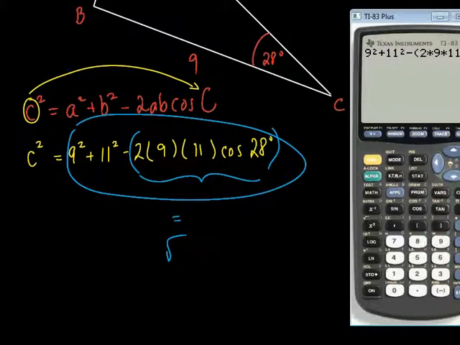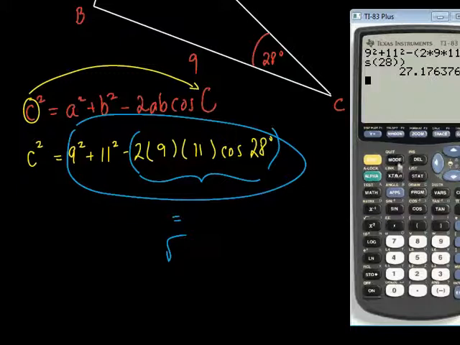Now, on my calculator, I can just hit cosine of 28. Now, I just closed that parentheses because I closed in the 28, but then I got to do what else? I got to hit one more parentheses. Do you see that? That first parentheses just closed in the 28, but I got to hit this other parentheses to close that whole thing in. All right? Then I hit equals.